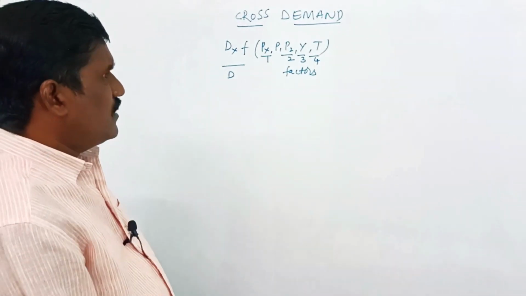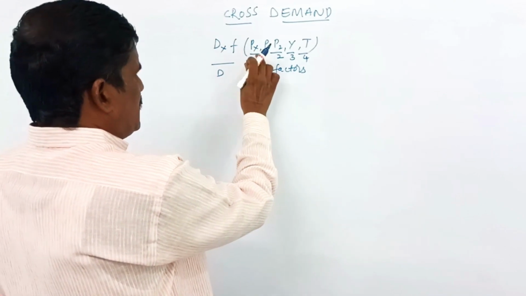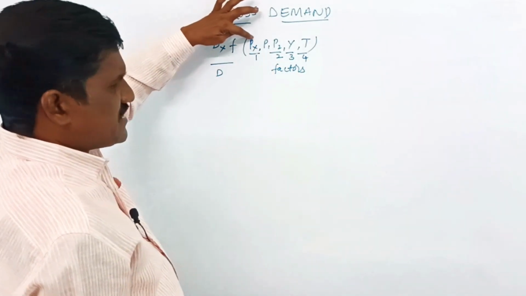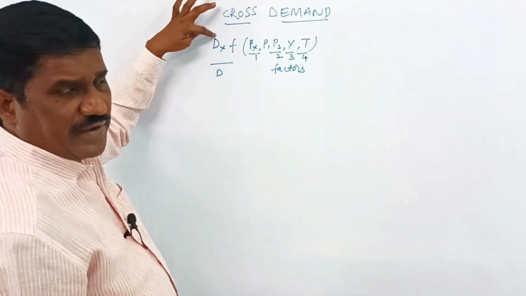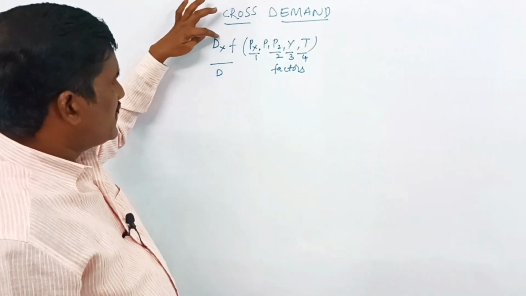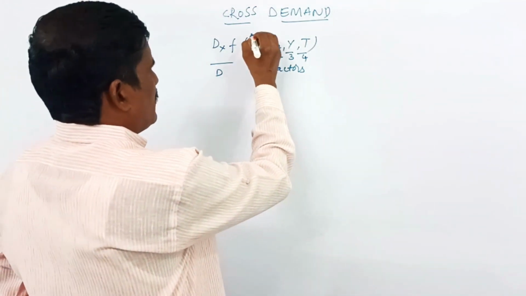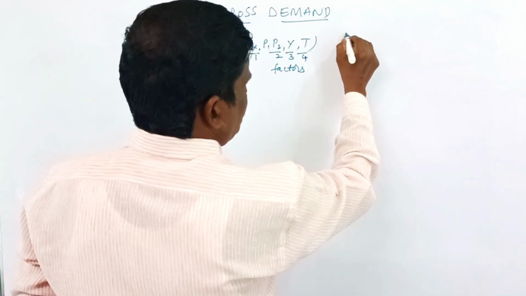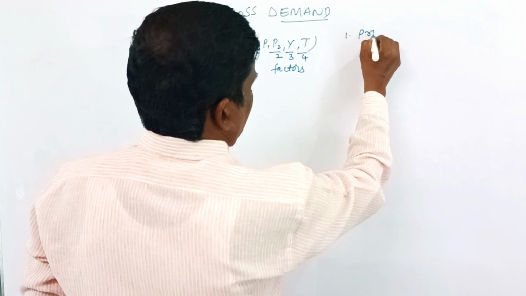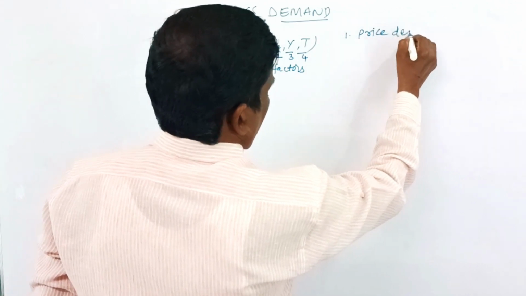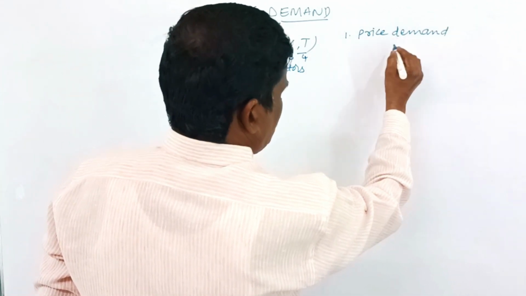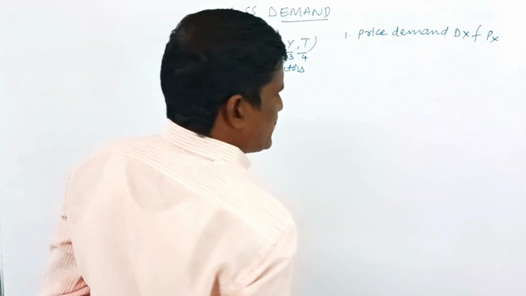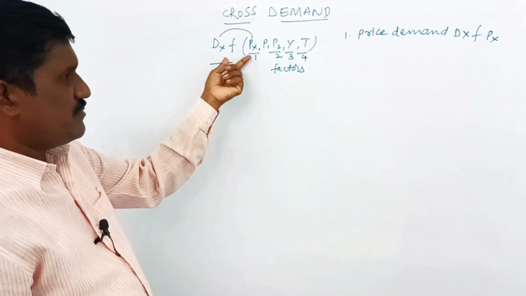See here, suppose this is the first one: price, and this is demand. What we analyzed is Dx function of Px. It is the first one, price demand.